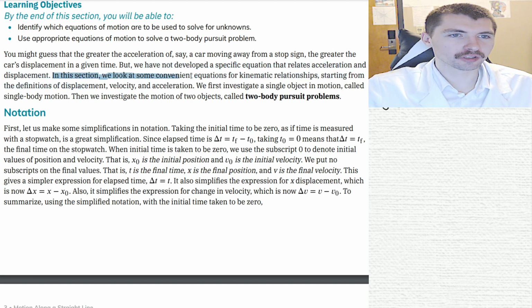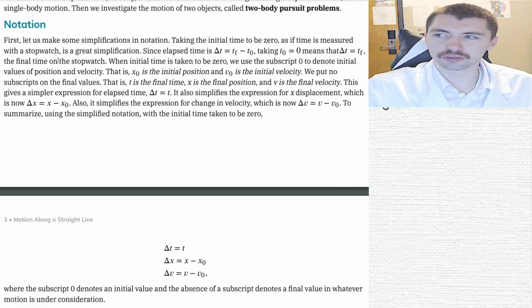Acceleration, displacement, single body motion, and then two body motion. Taking the initial time to be 0, that's a great simplification.